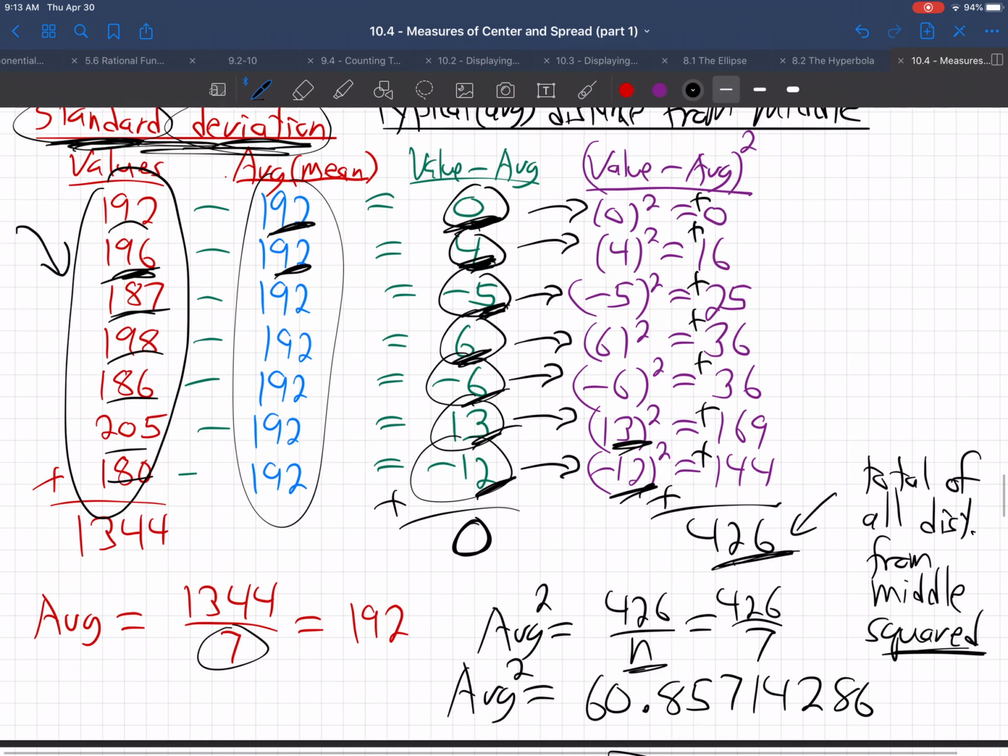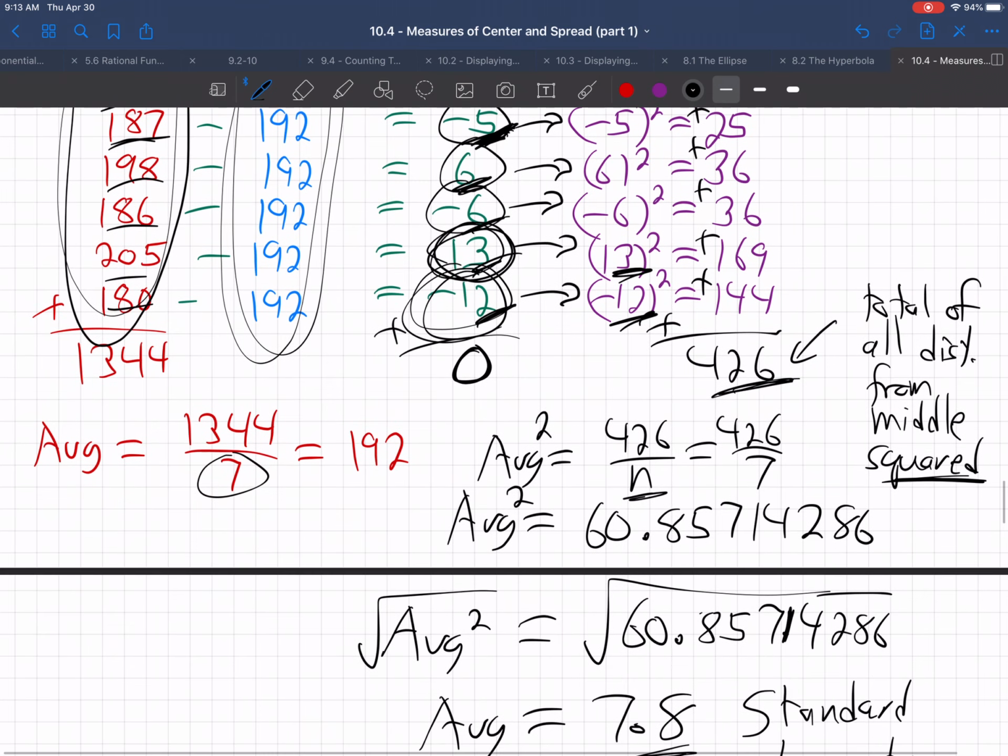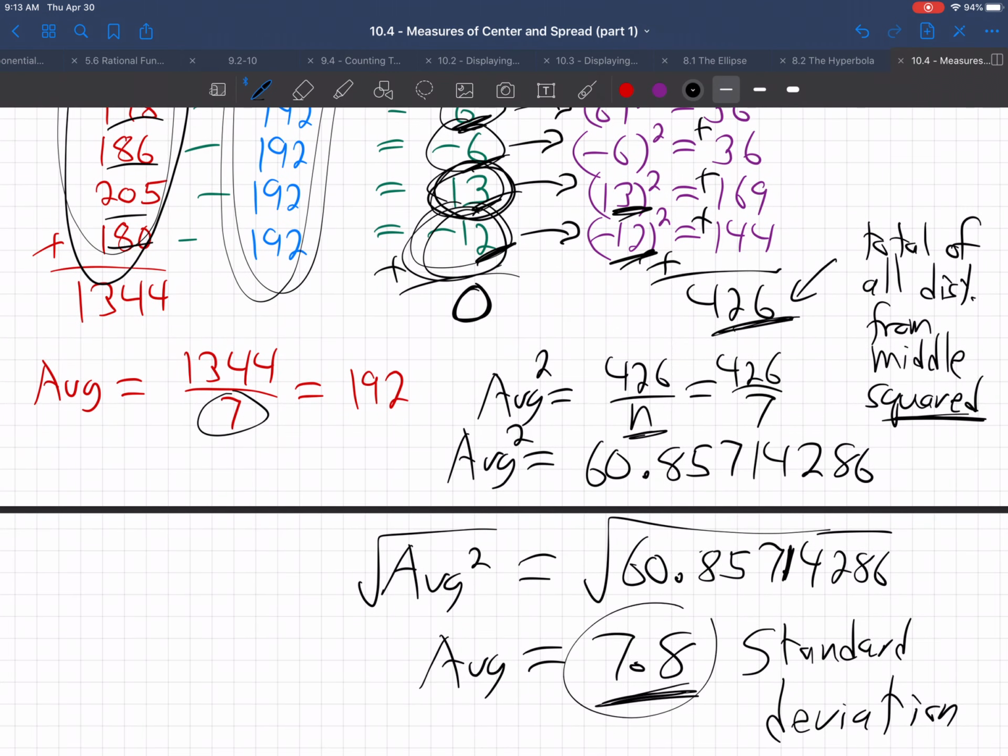Meaning, in this data set, the middle is 192. In these weights, the middle is 192. Some people are right on the middle, some are above, some are below. Some are way above, 13 above, some are way below, 12 below, some are just a little above, 4, or a little below, 5 below. But typically, 7.8 pounds off of the middle.